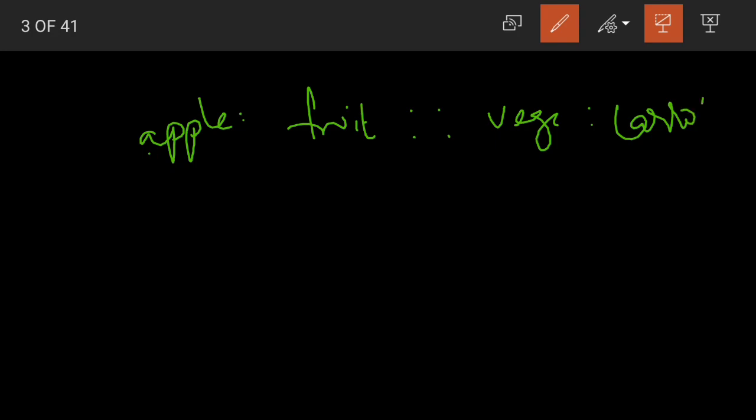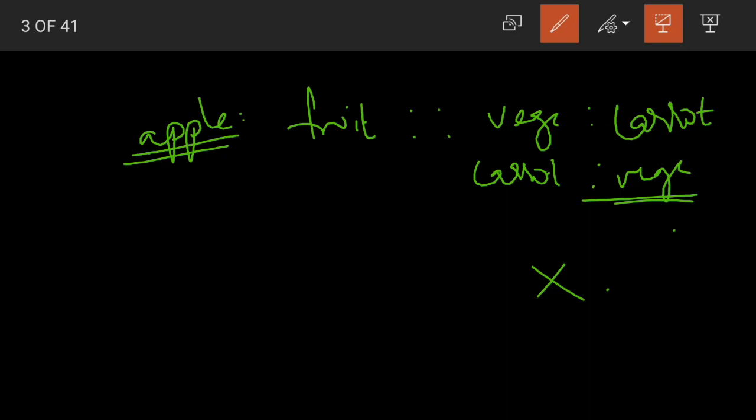But if I write apple is to fruit as vegetable is to carrot, will this be correct? No. First we should have carrot, then we have the group to which it belongs, that is the vegetable. See, first we had the apple and then we had the group to which it belongs.